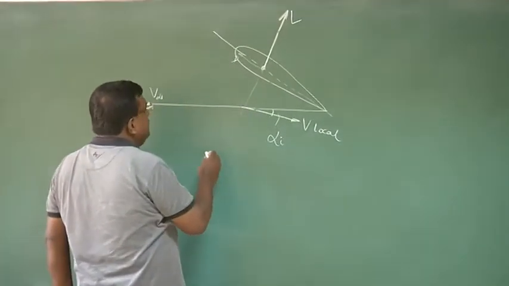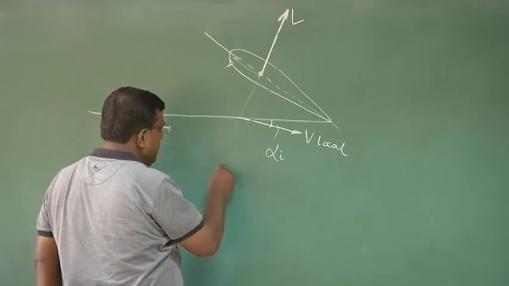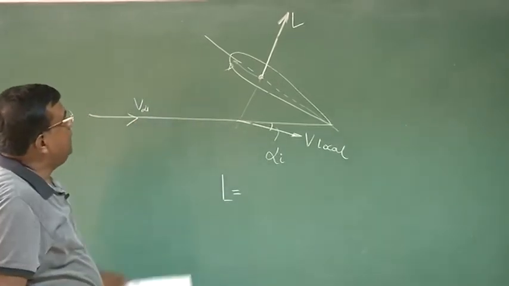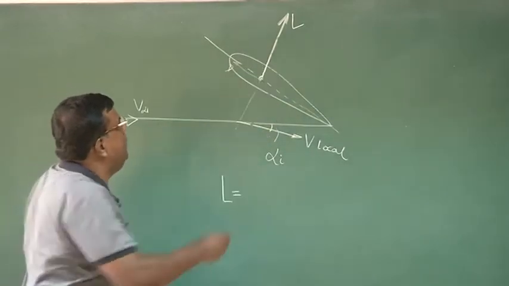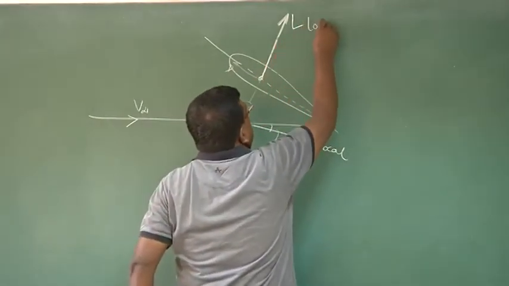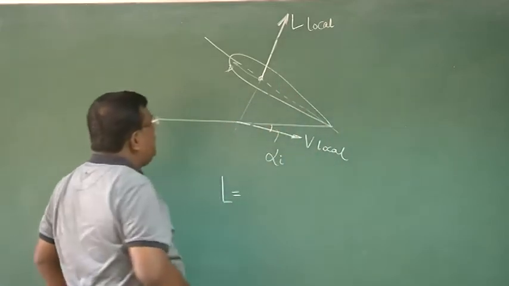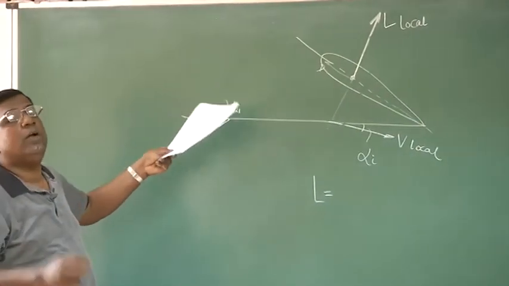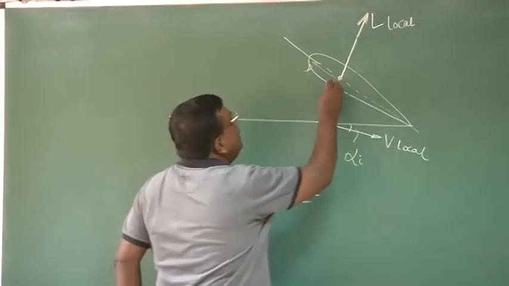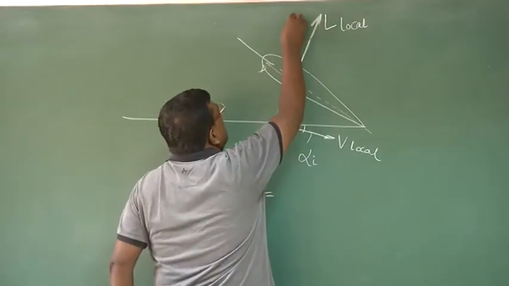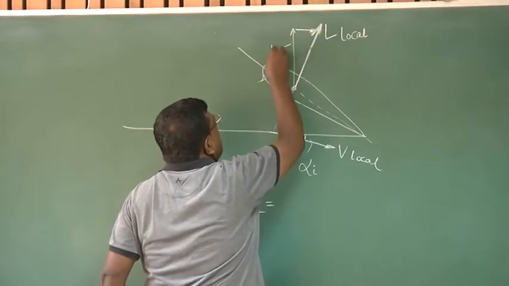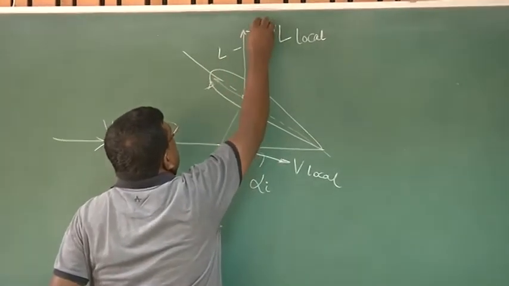Now, since I want to define lift and drag, if I want to write lift, I have to resolve this lift, which I will call local for clarity. That should be perpendicular to the free stream direction for the overall aircraft. So if I take the component, this is the lift and this is the drag.